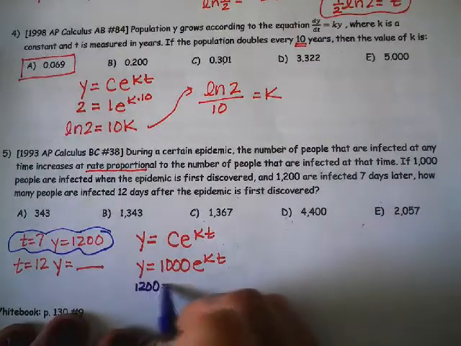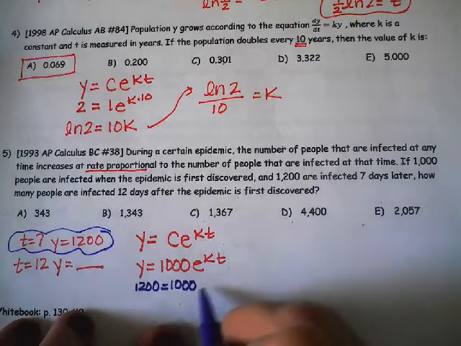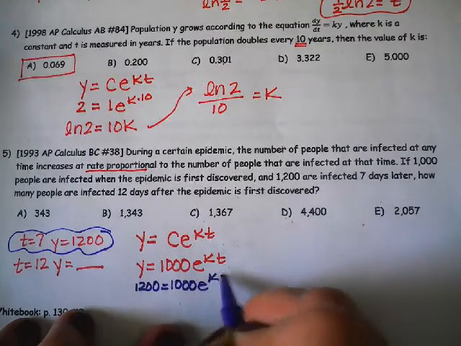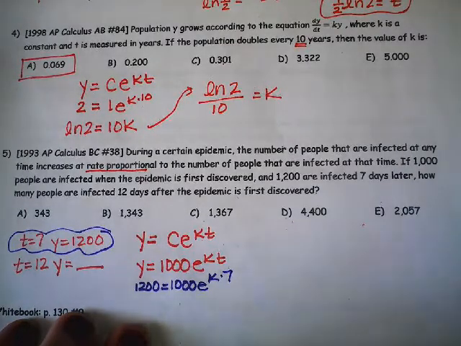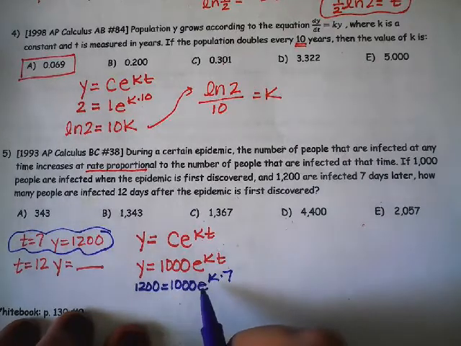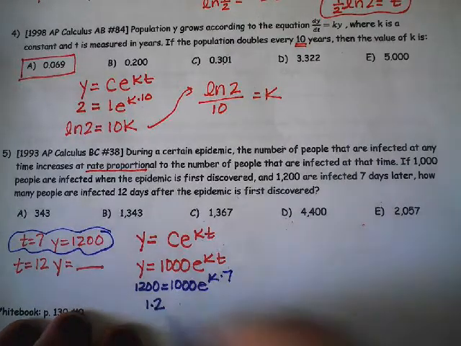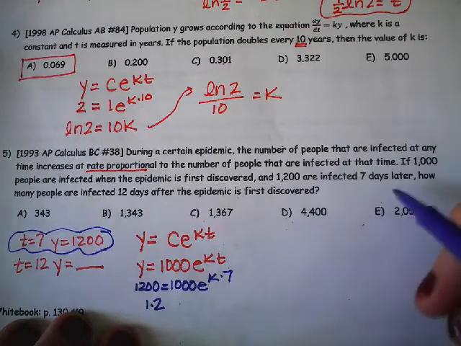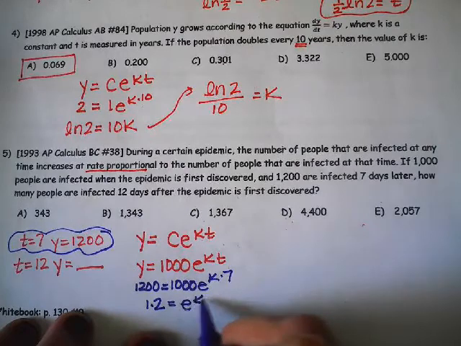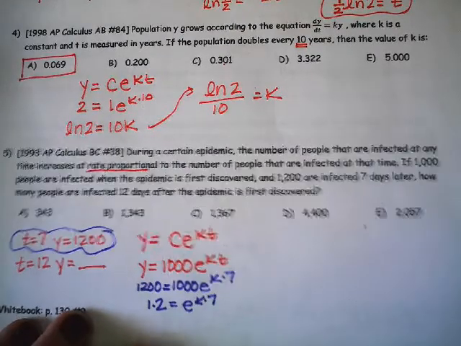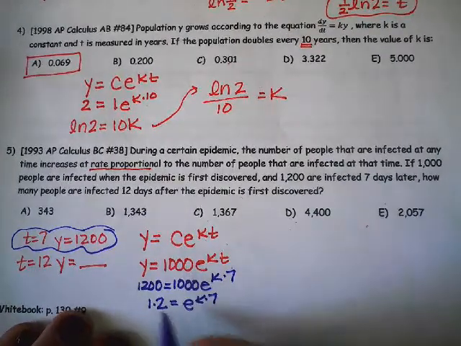1,200 equals 1,000 e to the k times 7. To solve this, I'm going to divide both sides by 1,000. And so if I divide 1,200 by 1,000, I get 1.2 equals e to the k times 7. And then I am going to take the natural log of both sides.